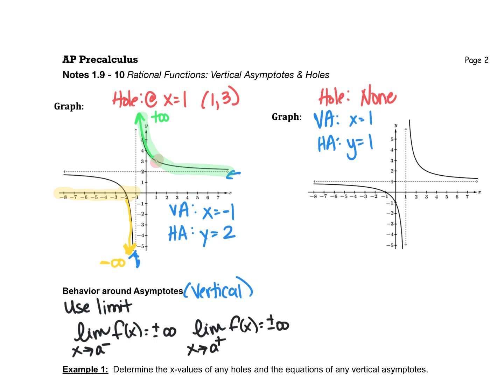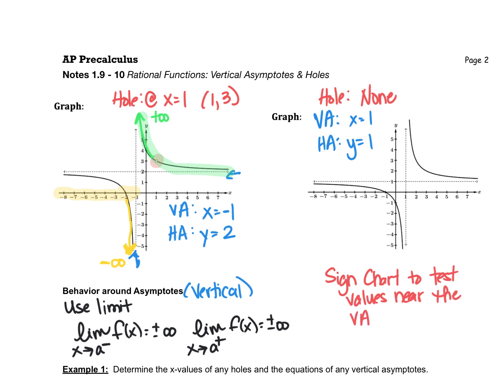Well, what do we do if we don't have a graph? Because that's going to happen sometimes too. And so I like to call it a sign chart, to test the values near that vertical asymptote.